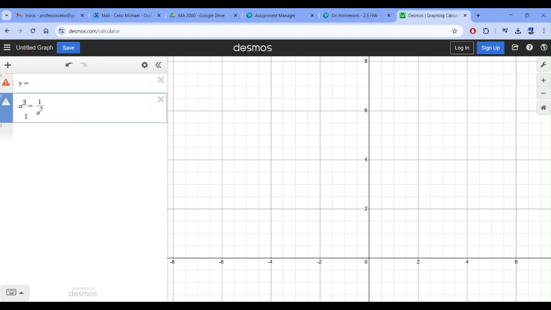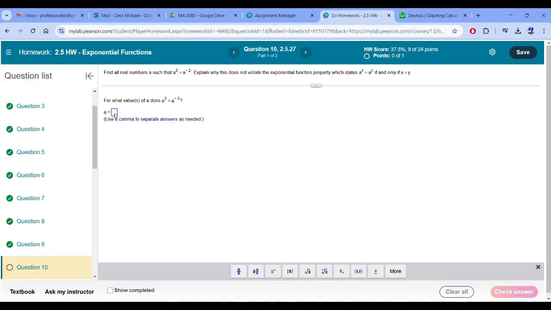If you put this one over 1 and then you cross multiply, you'll see that the only way for this to be true is a has to be 1.